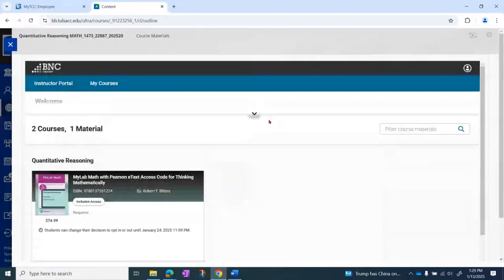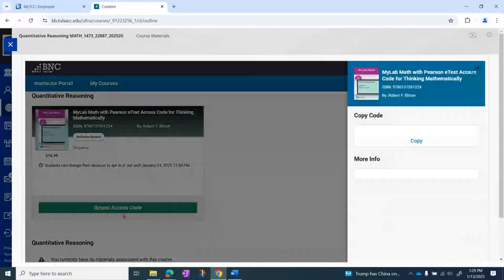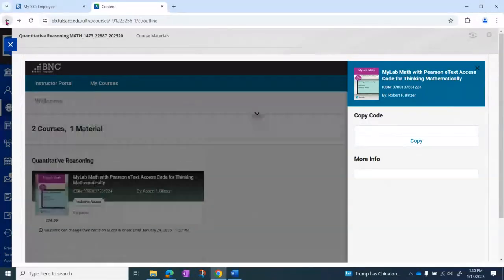You will see a long blue button that says review access code. Click on that and copy the code. That's where you copy your access code. Once you copy the access code, go back to the menu. Do not click this cross, go here twice.